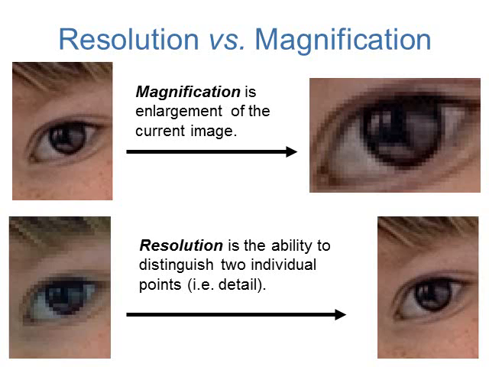So this is showing magnification versus resolution. So magnification, you're just enlarging the image. A really good example of this, if you think of your digital camera, you can take a picture, you can zoom in, you can magnify the image, but a lot of times as you magnify an image, it gets blurrier. So that's where the resolution comes into play.